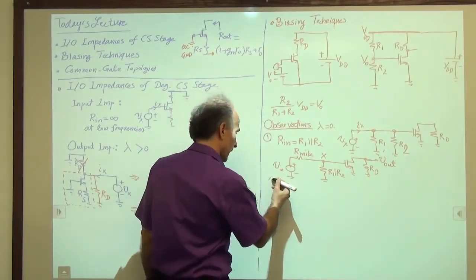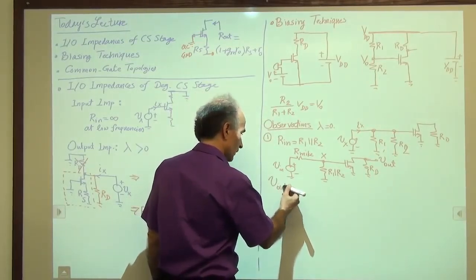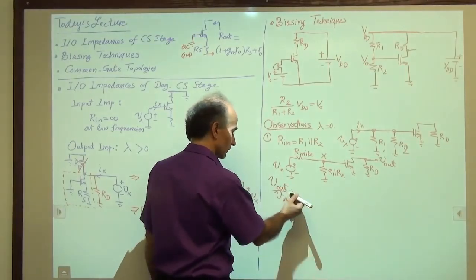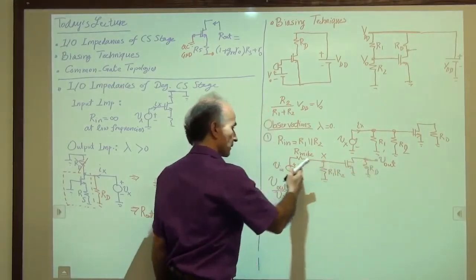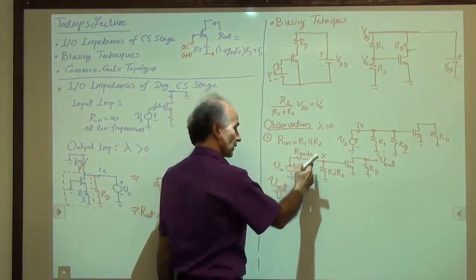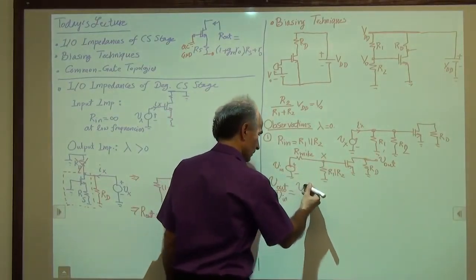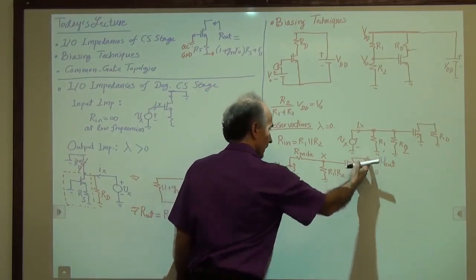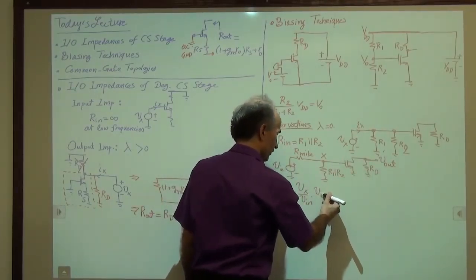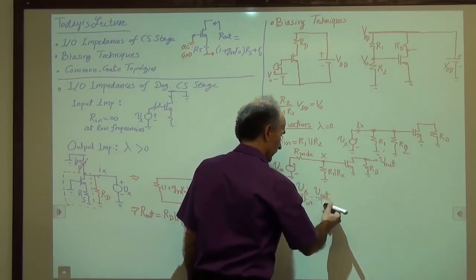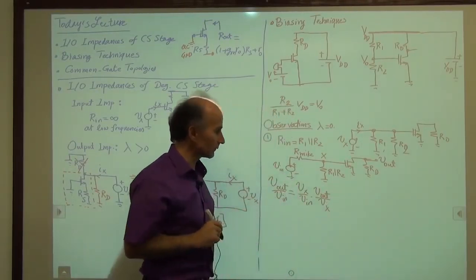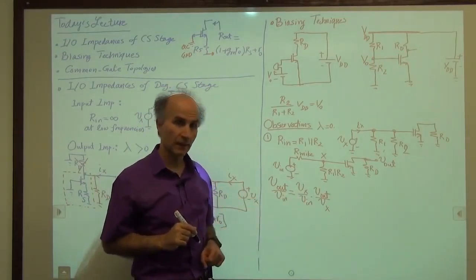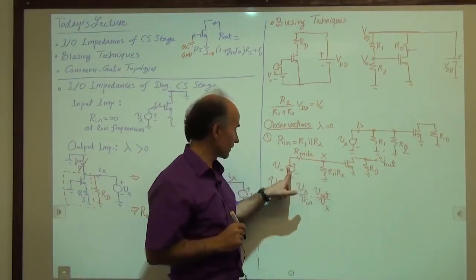We can say that V out over V in, which is what we are looking for, is equal to Vx over V in times V out over Vx. So this is like the chain rule that we learned in calculus. Okay, how much is Vx over Vin? That's this voltage over this voltage.